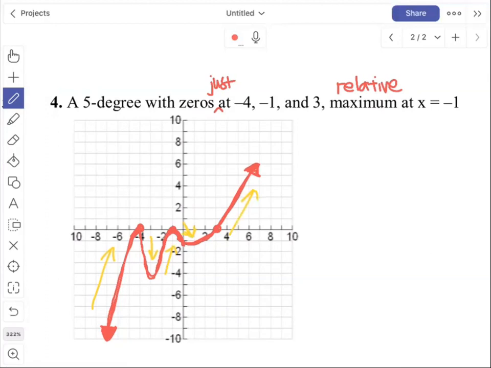So it goes up, down, up, down, up. If you look at how many arrows I just made, 1, 2, 3, 4, 5, that actually should match your degree. All right, so that is my final answer.